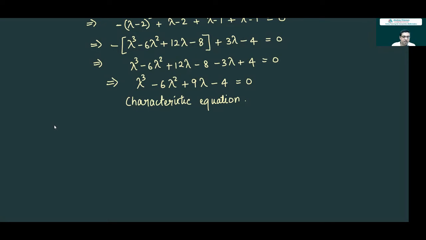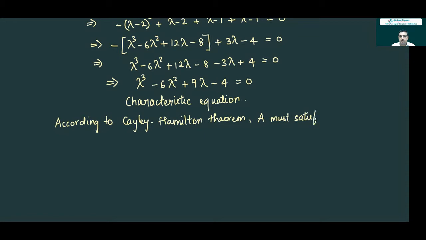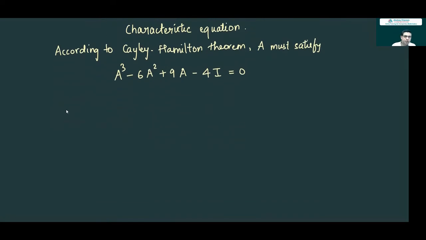According to Cayley-Hamilton theorem, A must satisfy this equation: A cube minus 6A square plus 9A minus 4I. So let us do that. We know what is A.